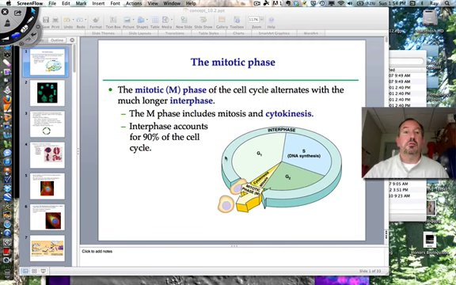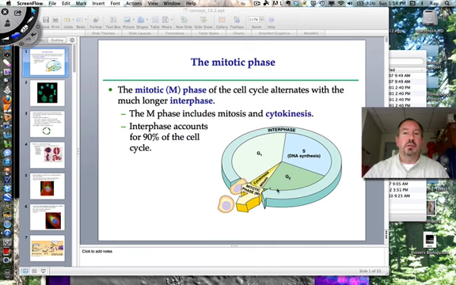As the cell goes along in interphase, which is so long, 23 out of 24 hours, it's broken up into three parts, as you can see here: G1, S, and G2. We'll talk about this momentarily. Basically, the cell's growing, then it replicates its DNA because it's anticipating that it's going to split into two daughter cells, and then it continues to grow, and then it gets too huge.